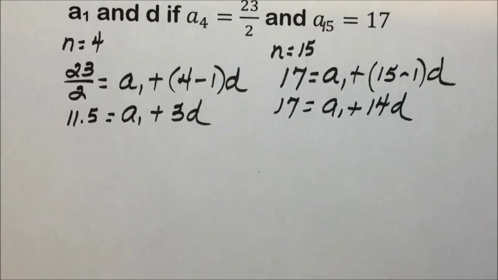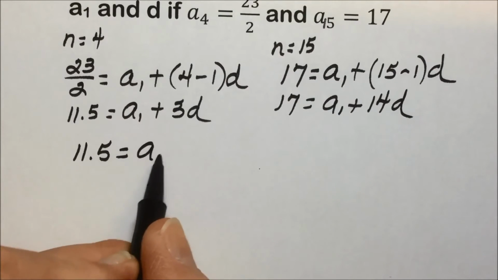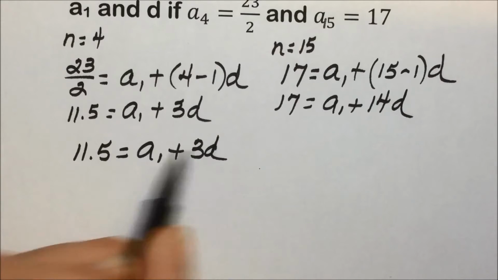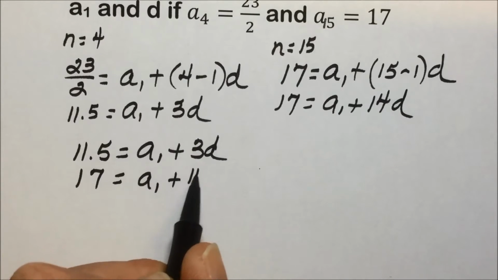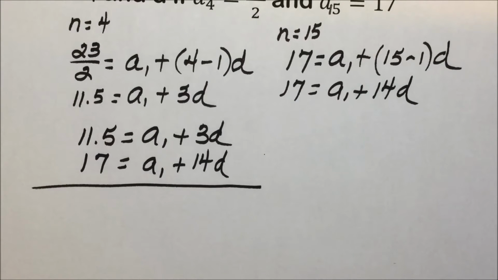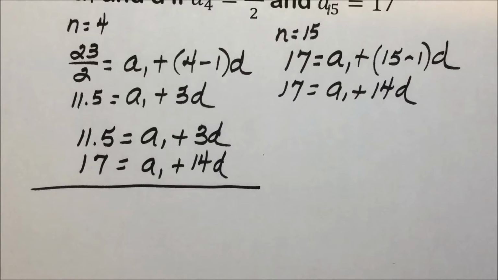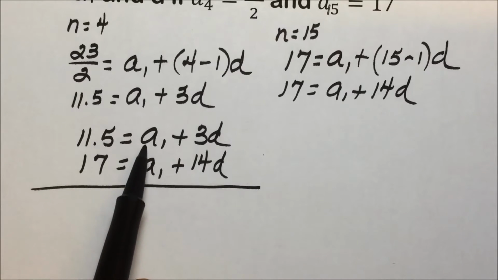So if we take those two equations, 11.5 is equal to a1 plus 3d, and 17 is equal to a1 plus 14d, and add them together such that one of the variables cancels out, we can solve for the remaining variable. So before we add these together, it'd be nice if this a sub 1 was a negative.